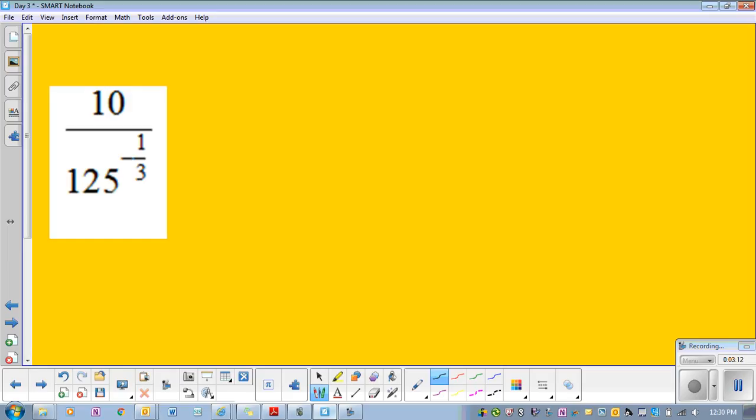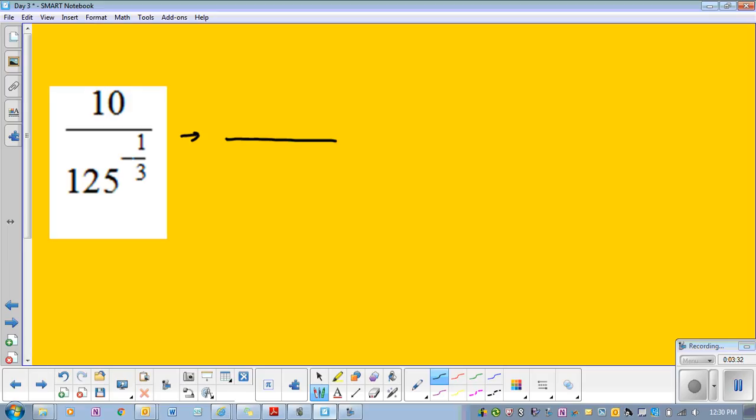So we have 10 over 125 to the negative 1/3 power, right? Okay. So, you know what? I don't like this negative exponent.